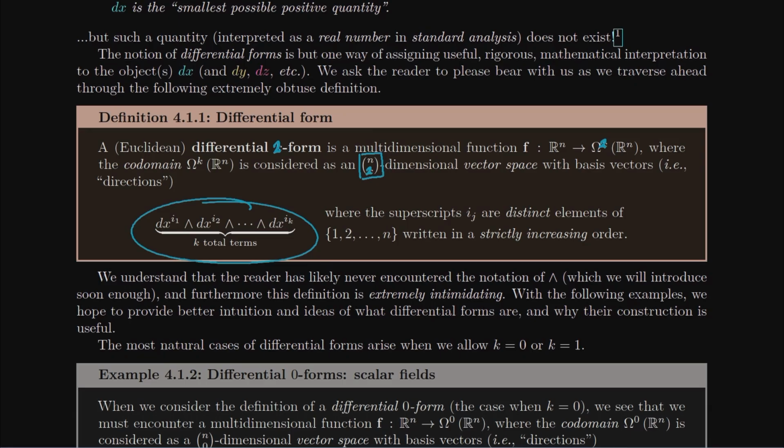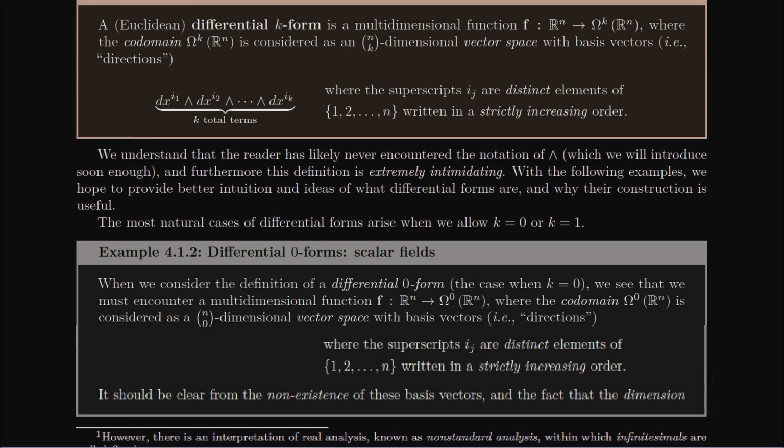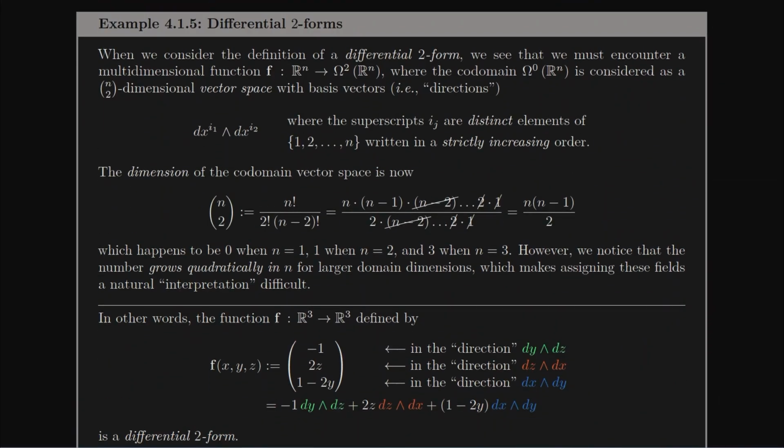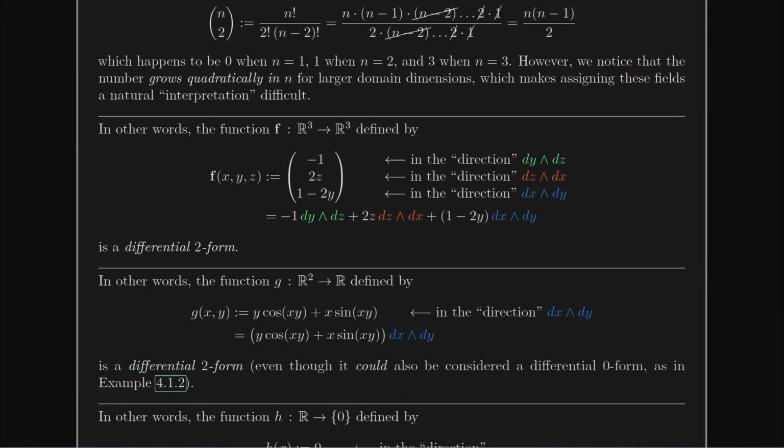But let's jump back to the case of 3 dimensions. We saw dx wedge dy, dy wedge dz, and dx wedge dz as really the only 3 possible directions, these possible basis elements for the 3-dimensional case of 2 forms. So let's go back down to this example, and you'll see the first one I start with is a function of 3 inputs and 3 outputs.